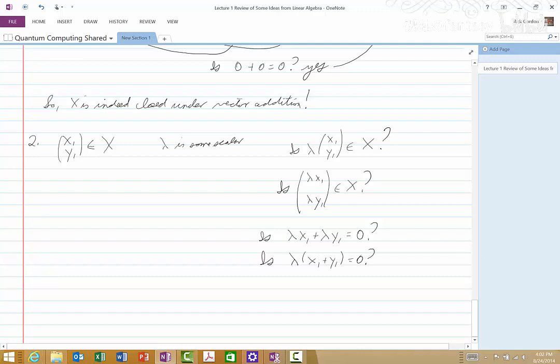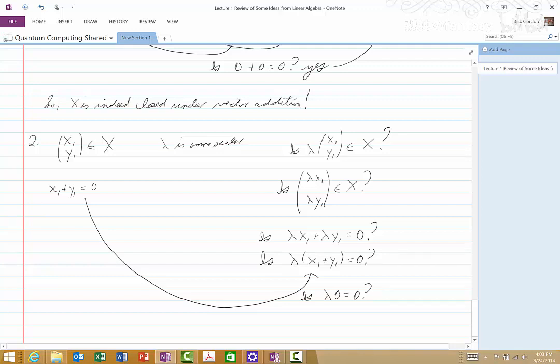And now we come back over here. Remember that the vector x1, y1 is in X. And what does that mean? That means that x1 plus y1 is equal to 0. And if we now incorporate that information down here, then our question becomes, is lambda times 0 equal to 0?